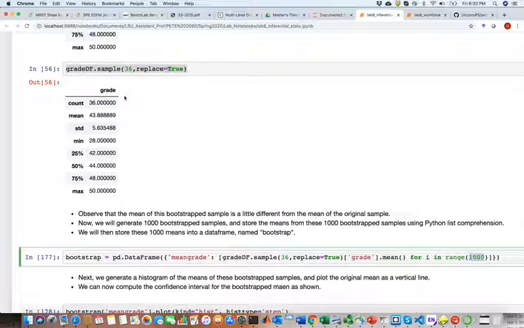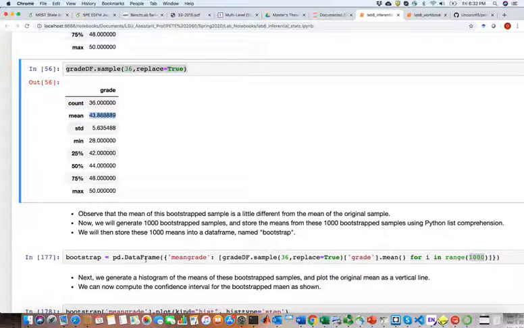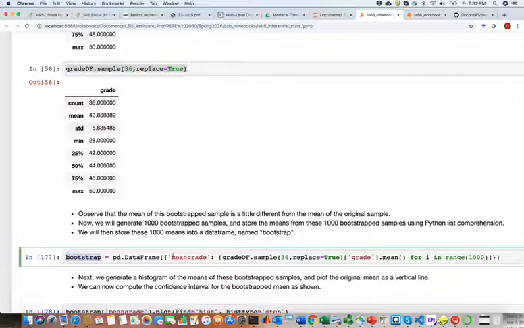We want to get the average of each of those 1,000 realizations and store that into a data frame called bootstrap. It's going to have only one column titled mean grade, and it's basically the mean of the 1,000 bootstrap samples we generated, each with a length of 36.